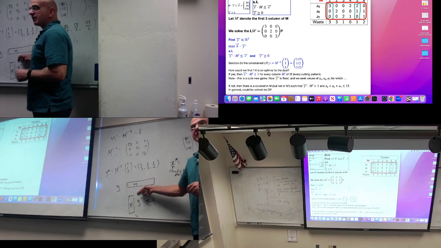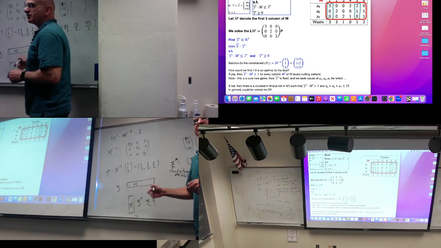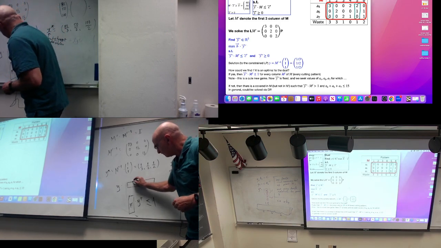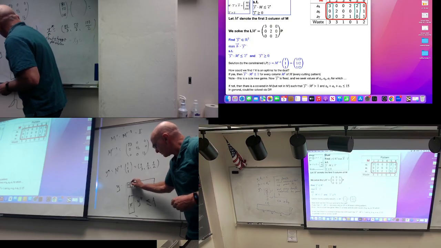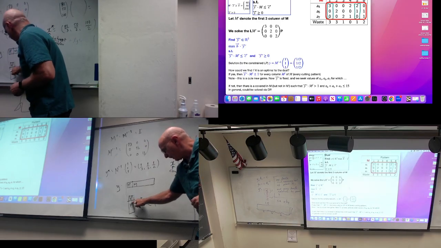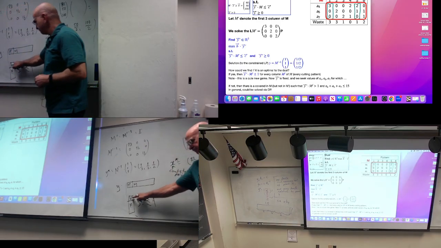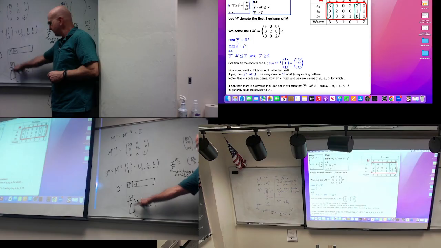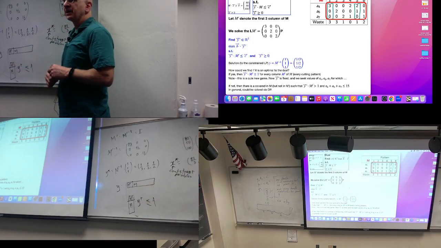Now, that's what I really want to solve, but it's exponential. So instead of solving it for the whole M, I just solved it for this matrix M prime over here. M prime, and M is the whole thing, including all the constraints that I added.